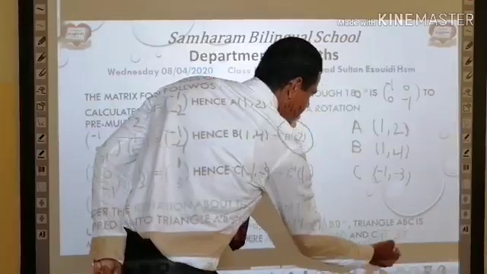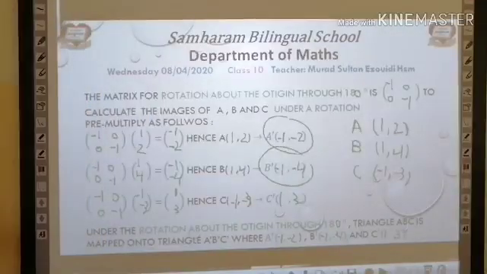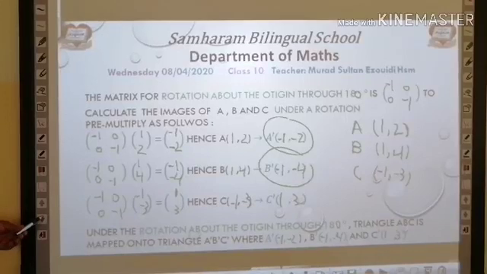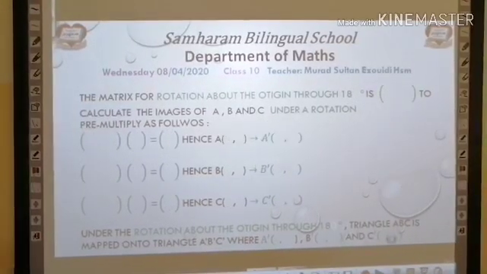This one, my kids, is how you transform shapes in a rotation about the origin through 180 degrees.